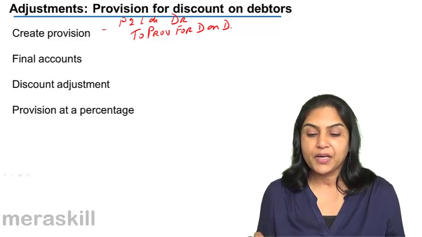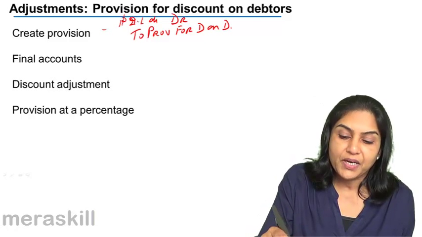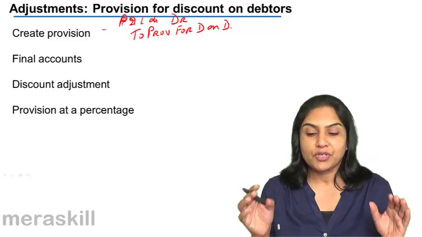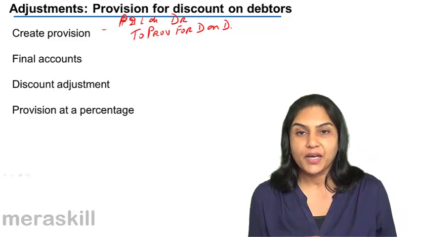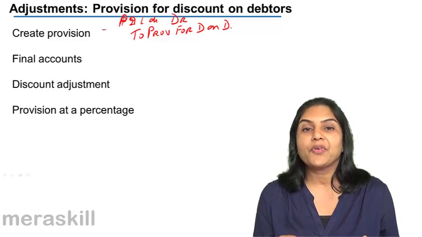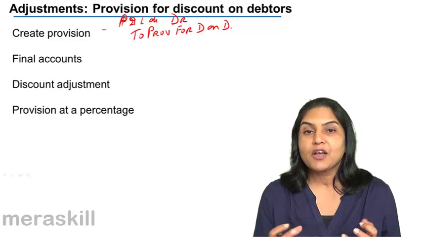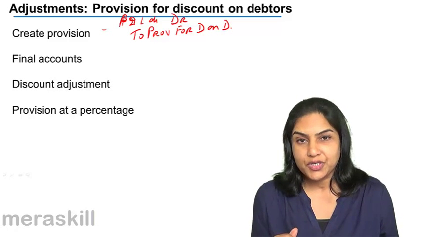How does it appear in the final accounts? Since profit and loss account is being debited, profit and loss account is debited for the amount of provision for discount that we are creating. Now, what is this provision for discount on debtors? Whenever we get money from our customers, for early payment of this money, we may allow them some kind of discount.